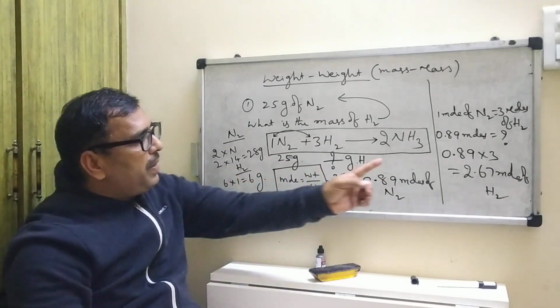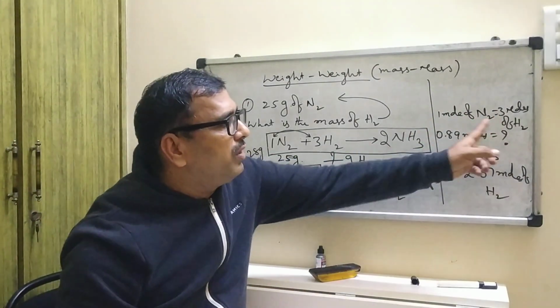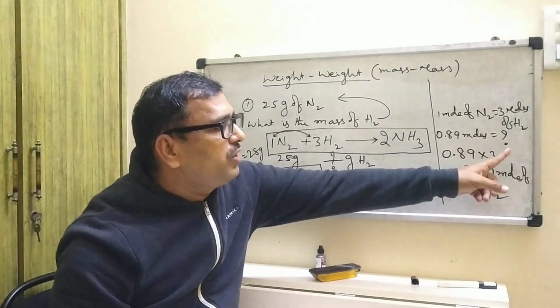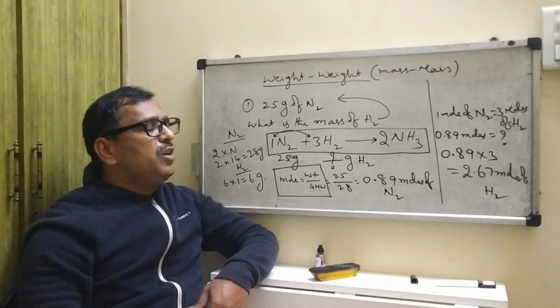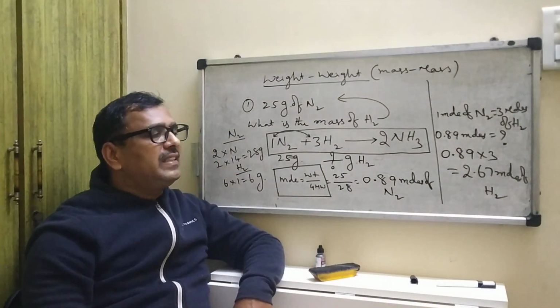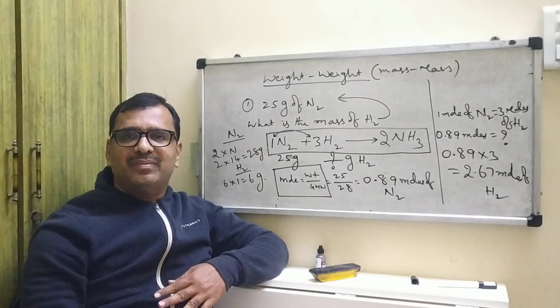Similarly, 0.89 moles gives 2.67 moles of hydrogen.